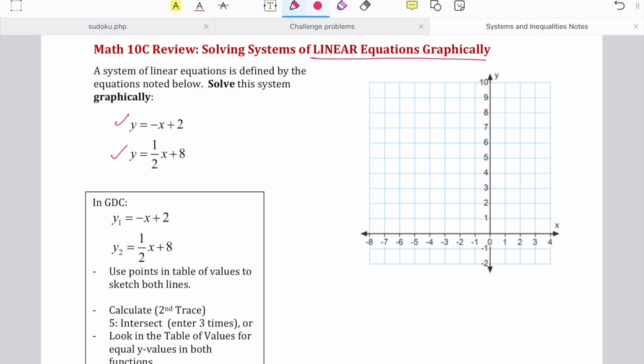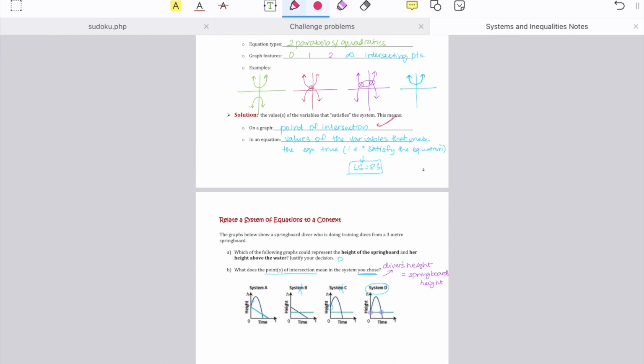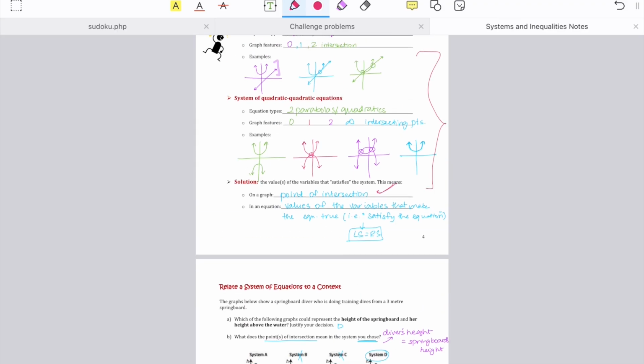When two equations are given to you, we do draw lines for each of them. But what's the solution? Intersection point. Good. We just talked about it, right? Over here, point of intersection. We drew some of these.